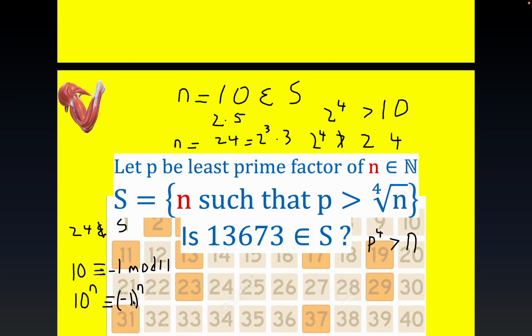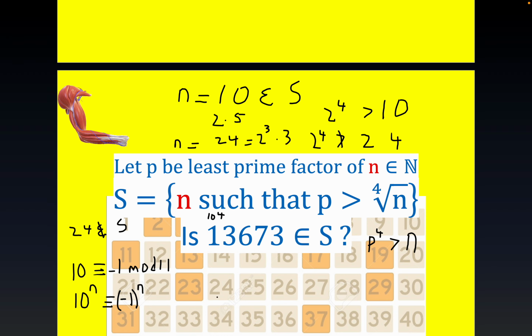Here's where you get this alternating business. This 1 right here is associated with 10 to the 4th. This is 1 times 10 to the 4th, this is the 10 cubed position, 10 squared, and the 10s position.